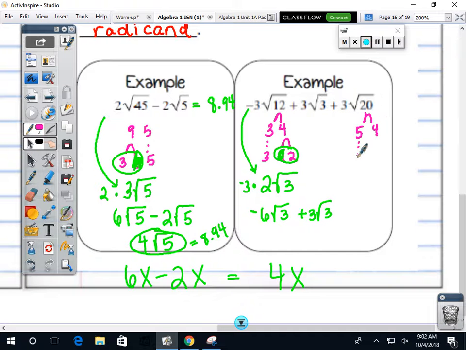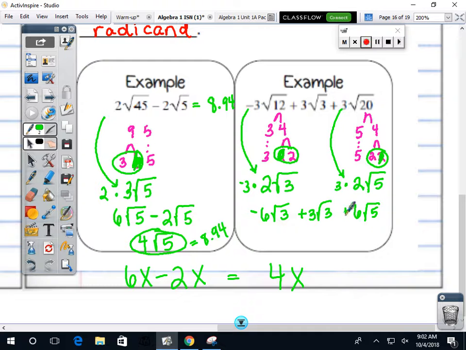And then 5's prime, so it just drops. 4 becomes 2 times 2. Okay, now all 3 of those numbers are prime, so we're ready to circle, kill, kick out. 5 gets to still be in the house. And then don't forget about this 3 on the outside that will now come down and multiply by that 2 to make 6 square roots of 5. And then remember this was a plus, so it just comes down.